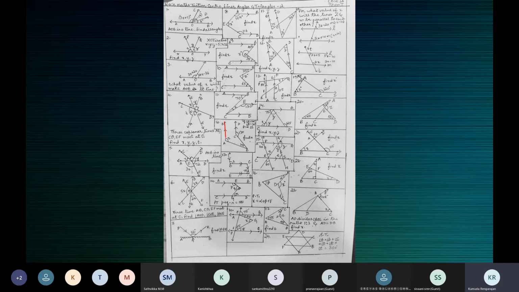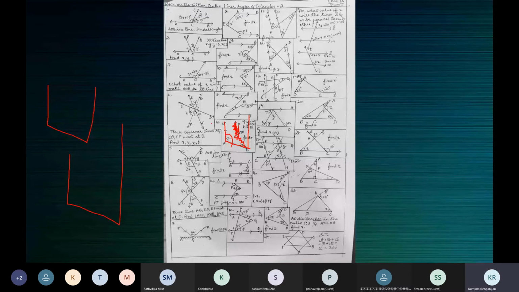You can see X here. Ignore this one in the middle; it should not disturb you. You are always concerned about the two parallel lines and the transversal. Anybody bothering, ignore them.